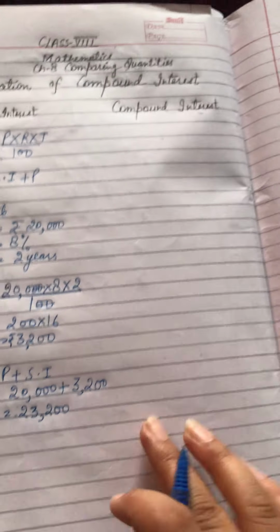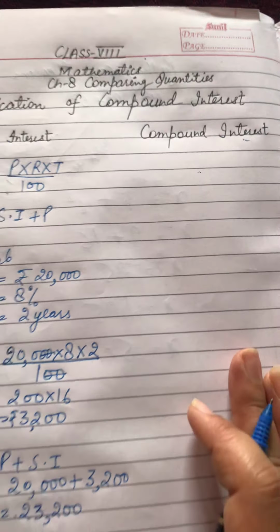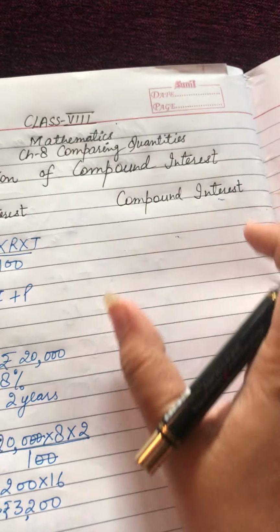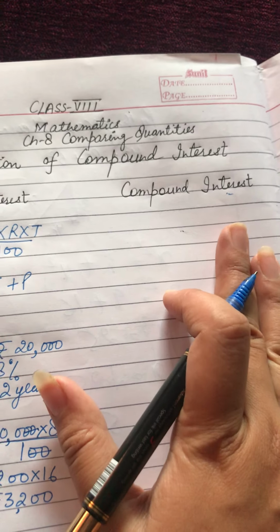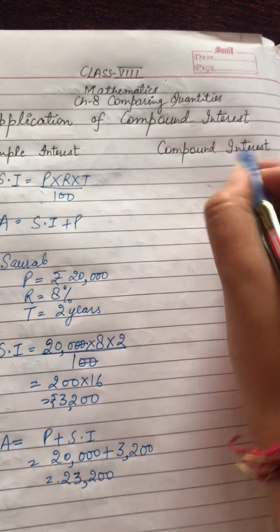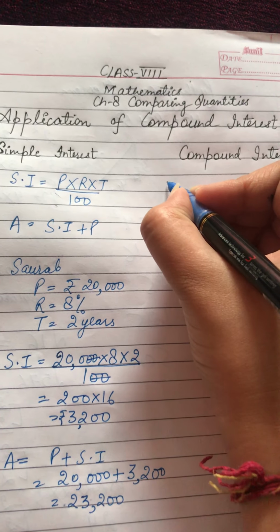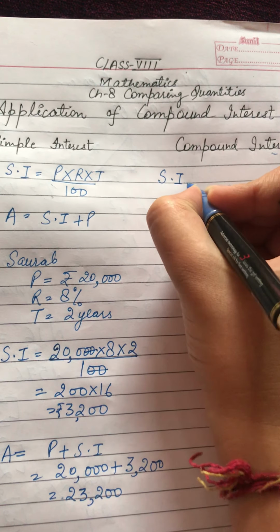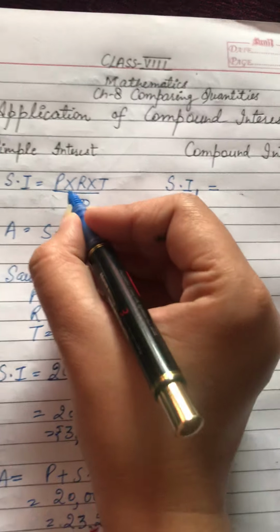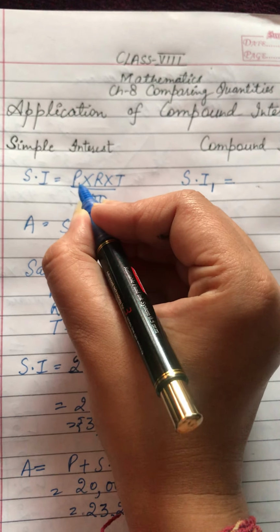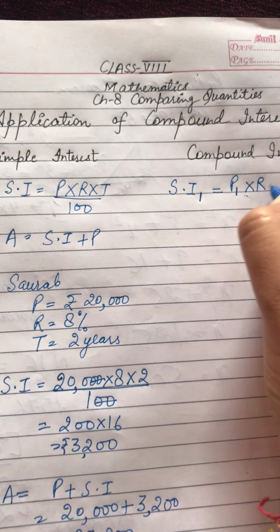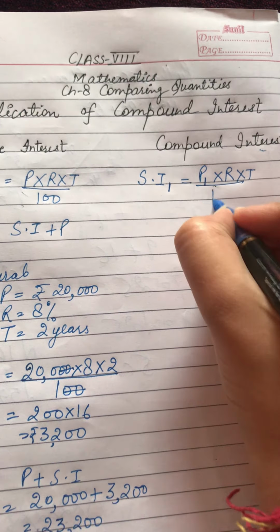Now let's find out if the interest is being calculated compoundedly. If there is compound interest, how do we find it? In this case, first of all, we will find the simple interest for the first year, because there are 2 years. Now here in this PRT, P we will write as P1 because it is for the first year, rate and time upon 100.